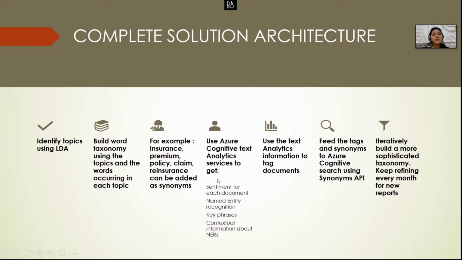And then you use Azure Cognitive Text Analytics services to get the sentiment for each document. Let's say I'm talking of declining trends, let's say I'm searching for losses or market downtrends. Then I need to identify a set of documents which are talking of that sentiment. Downward trend or losses or declining trends are all a bit negative sentiments, right?